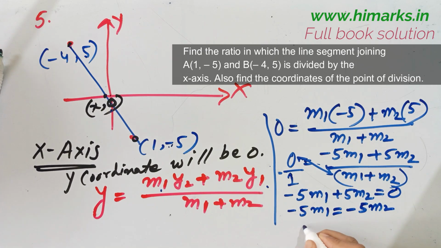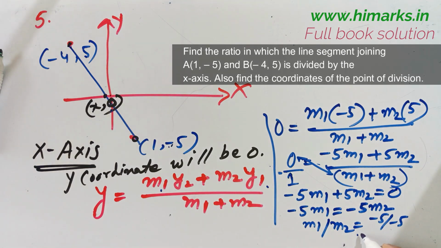So from here m1 by m2 will be minus 5 by minus 5, that means 1:1.